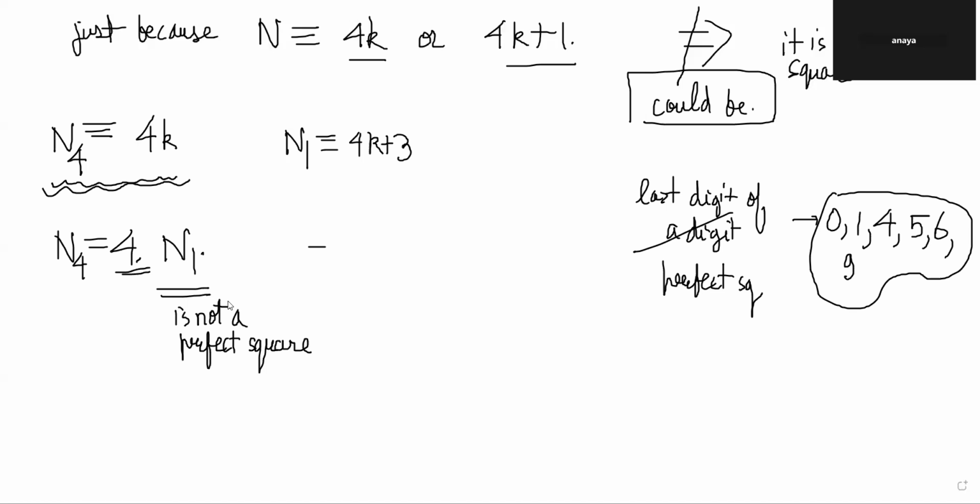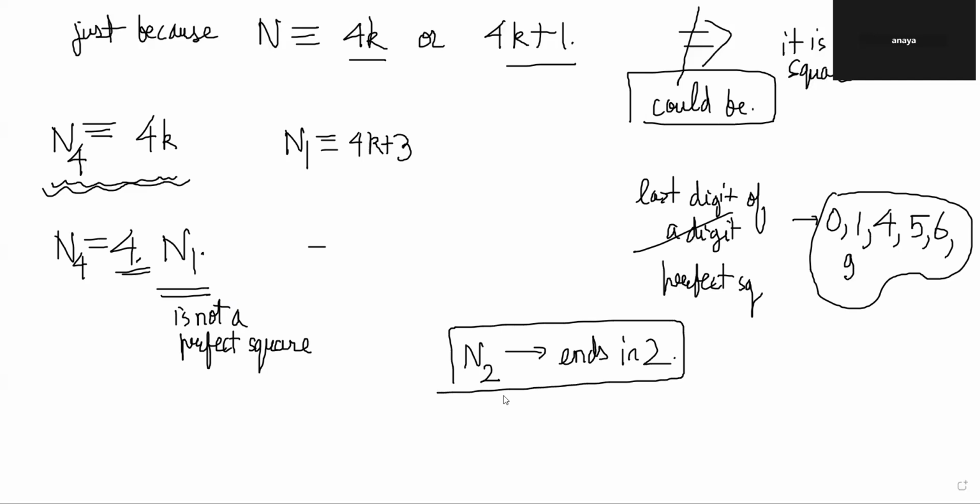Okay, let's pause on N4 for the moment. Let's do other ones, for example, N7 or N2. What about N2? N2 ends in 2, right? It cannot be a perfect square because 2 is not in this list. N3 ends in 3 and cannot be a perfect square for the same reason.